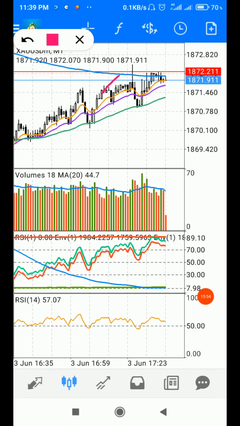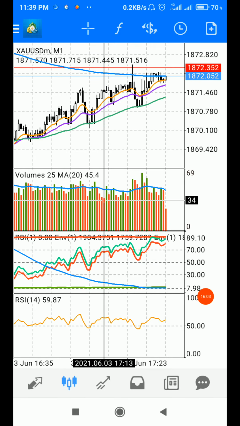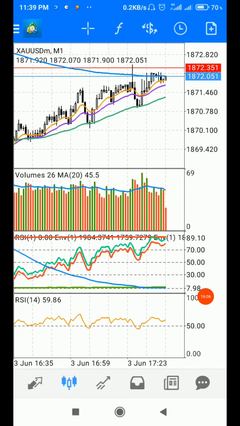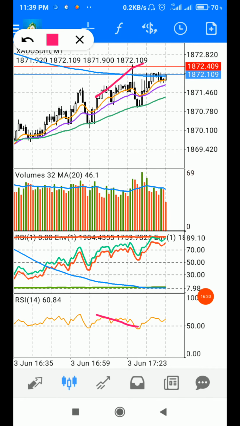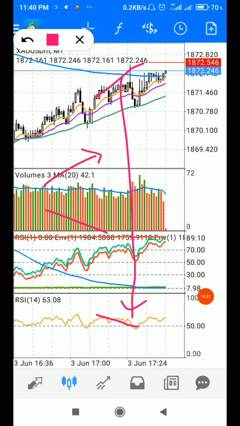From this high to this high, price is going higher, but if we mark the divergence, then here is the slope and here is the slope. So both of these slopes go in different directions, so it is divergence.